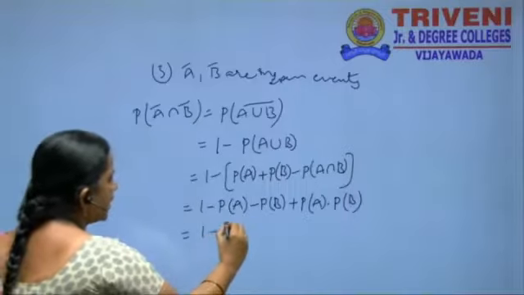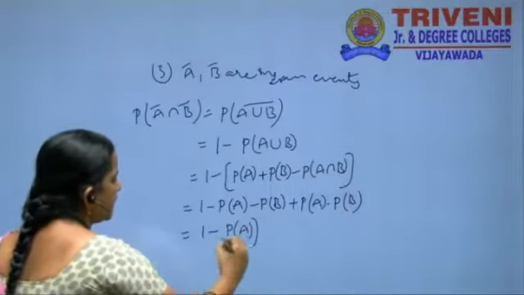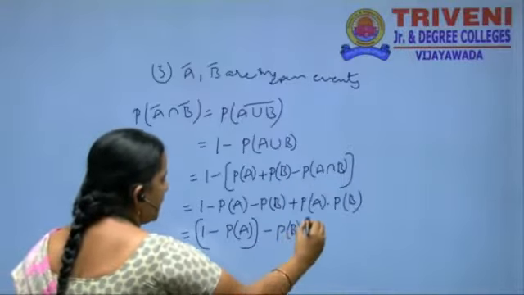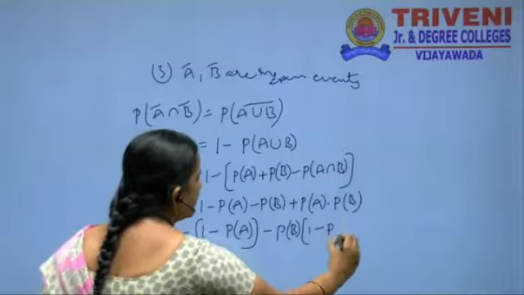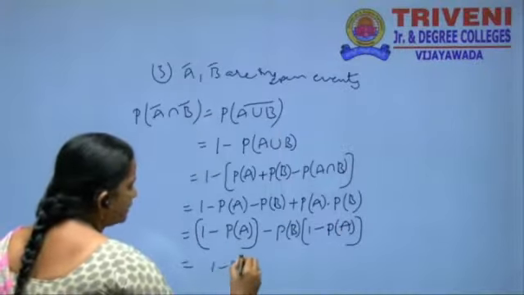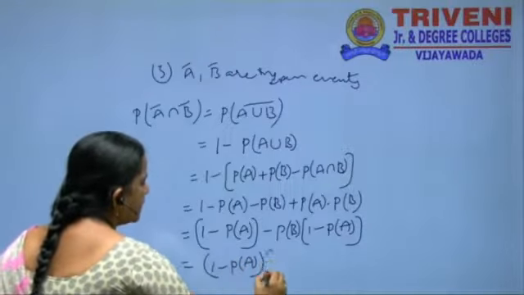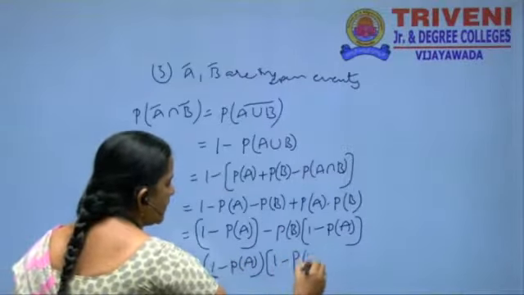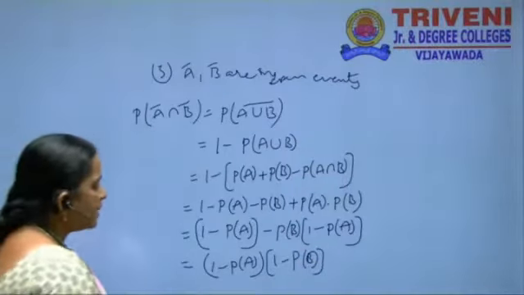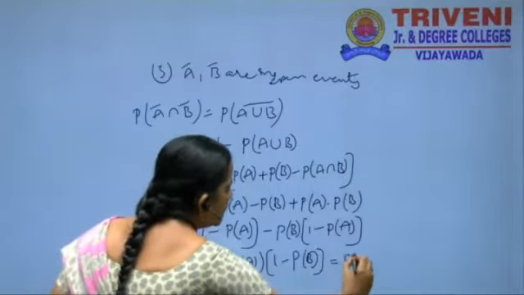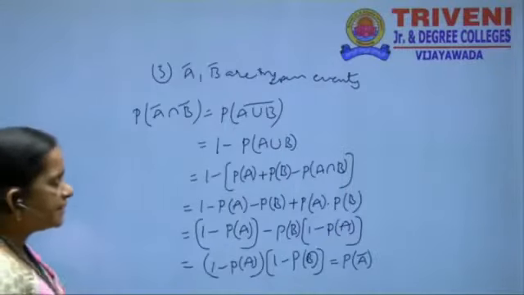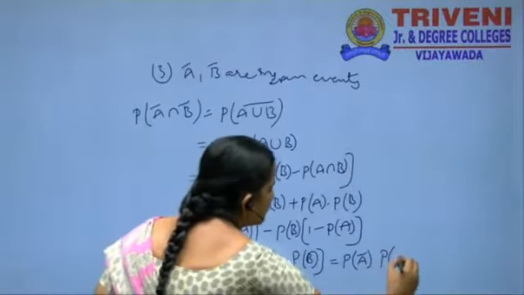Here first we have to write 1 minus P of A. In both of these the common is minus P of B. Here 1, here it is P of A. In both of these the common is 1 minus P of A. Here 1, here P of B. So 1 minus P of A into 1 minus P of B. 1 minus P of A is nothing but P of A bar, and 1 minus P of B is nothing but P of B bar.